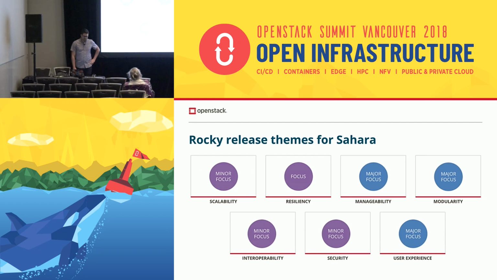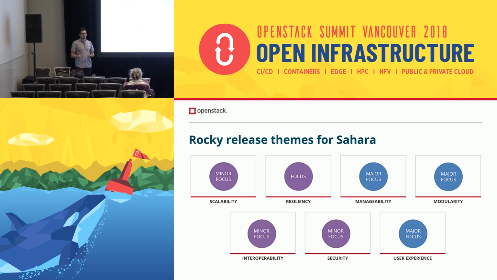Release themes. As you can see, scalability is not a big focus right now. There's not much going on in that work, and manageability is the one big one that we're focusing on, as well as modularity and user experience. The whole idea is that Sahara has come to a point where it's fairly stable on what it does.